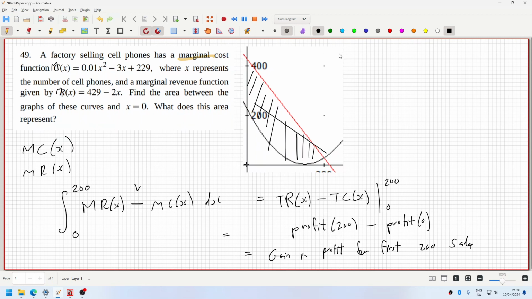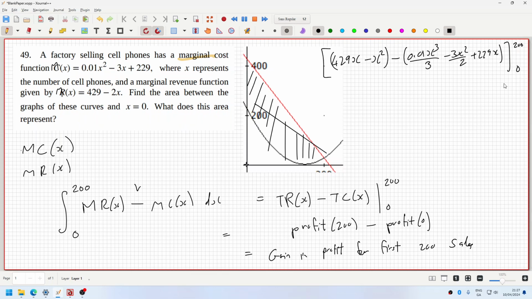So okay, let's just calculate it here. If you integrate, so subtract these and integrate. So it's the line integrated. 429x minus x squared minus 0.01x cubed over 3 minus 3x squared over 2 plus 229x at 0 to 200.